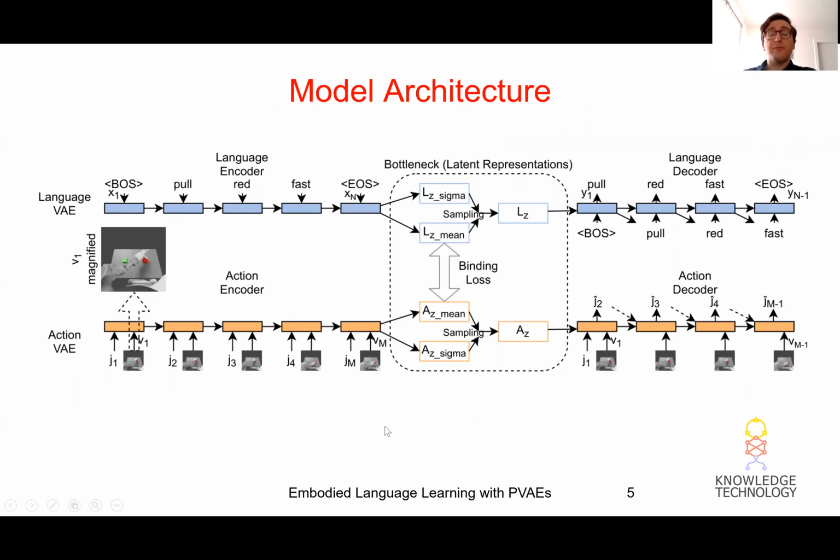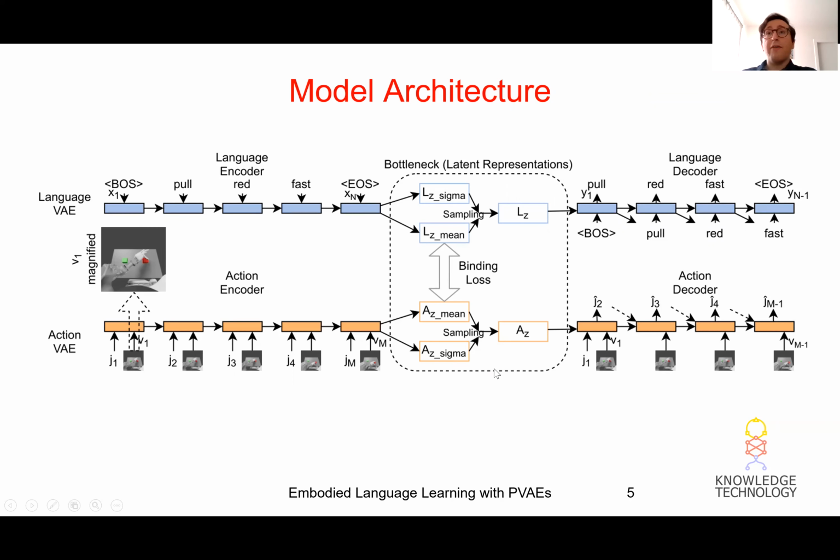This is the architecture of the paired variational autoencoders model. At the top, you can see the language variational autoencoder, which takes as input the descriptions and is supposed to produce the same descriptions. At the bottom, you have the action variational autoencoder, and it is supposed to take as input the joint angles and the visual features, and it should reconstruct these joint angles at the decoder end.